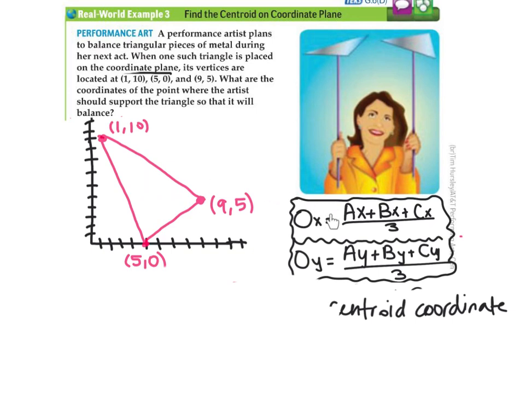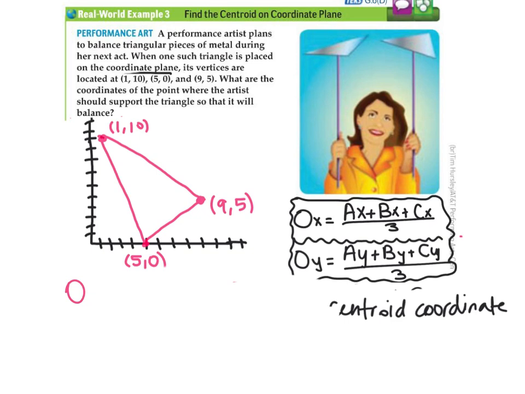In order to do that, we need to use our x values and y values. So this x sub 0 is going to be the centroid location of our x value, and this will be the centroid location of our y value. So what we do, we're going to color coordinate this because you guys know I love color.